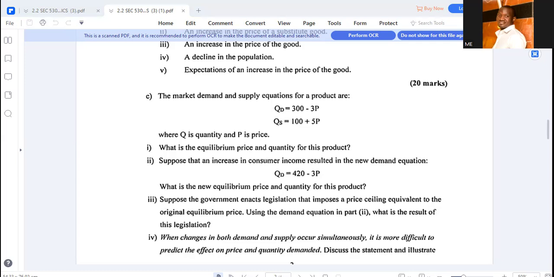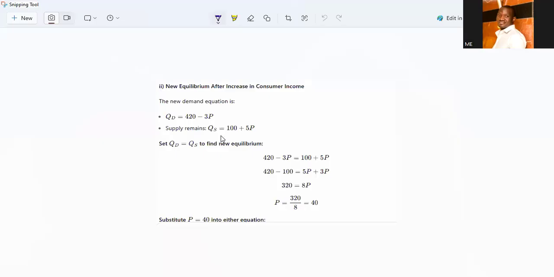So what was our old supply? Our old supply was 100 plus 5p, our new demand 420. So you get these ones. So our equilibrium price will be what? 40. When you substitute this in the other equation, you're going to find that our quantity will be 300.